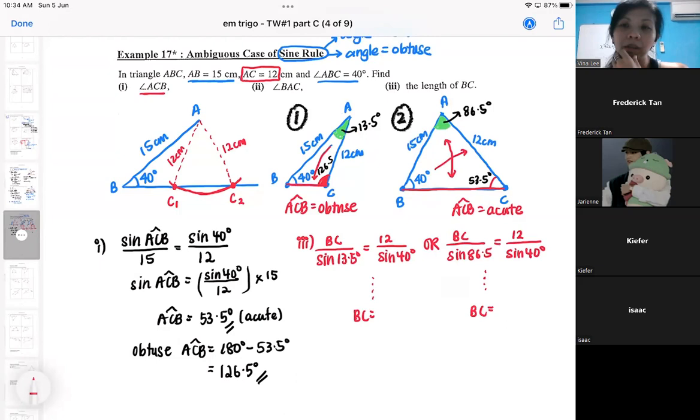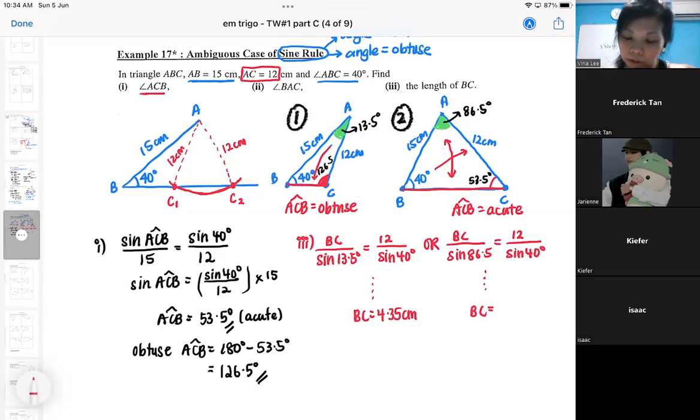For sine rule, when there's this ambiguity, it's only the difference between acute and obtuse angle. This one you will get 4.35. You can check, did you get 4.35 here?